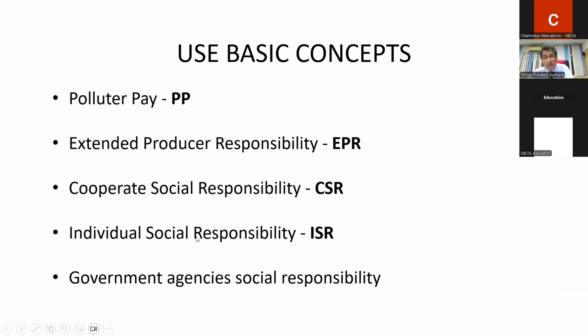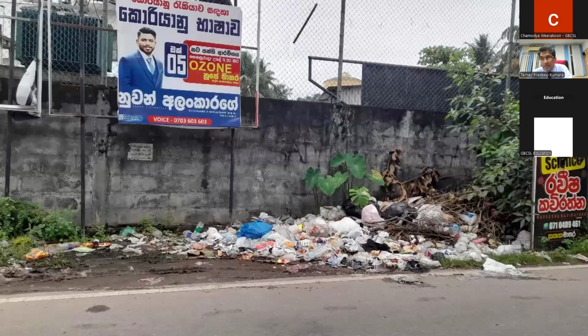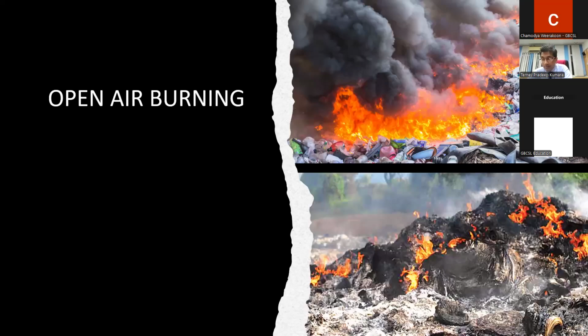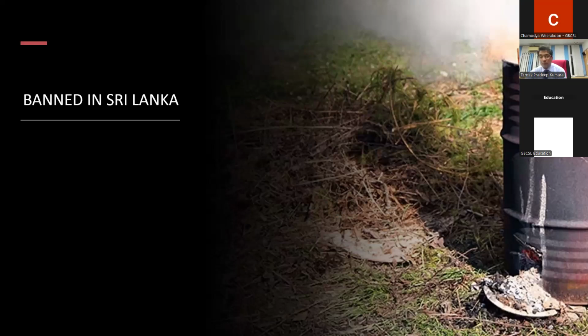And again, government agencies' social responsibility, and illegal, unethical waste dumping along roads, because people think that our roads are just dump yards. They can dump anything, right? Like this. And these are the very basic sources of marine pollution in the end, because ultimately everything ends up in the ocean. Open air burning causes air pollution, but that also triggers marine pollution at the end.